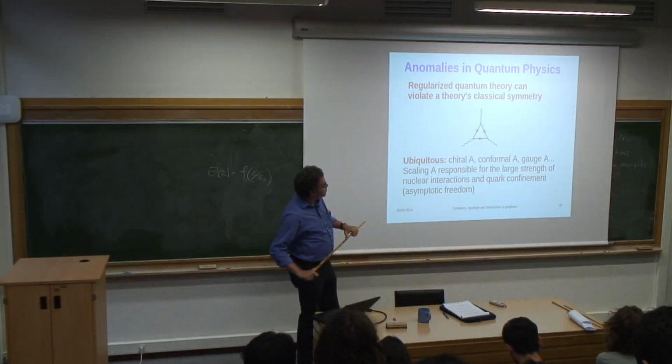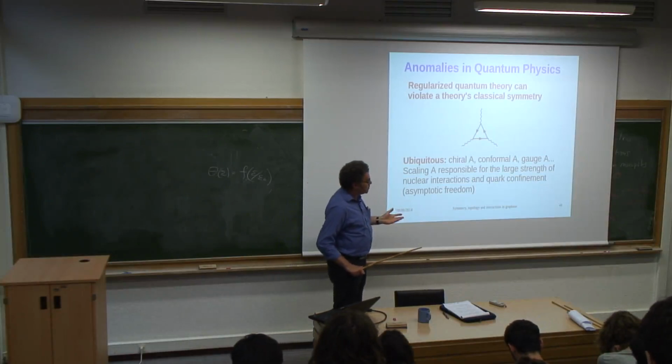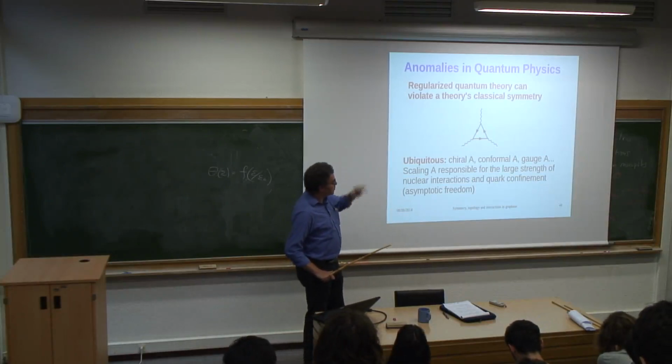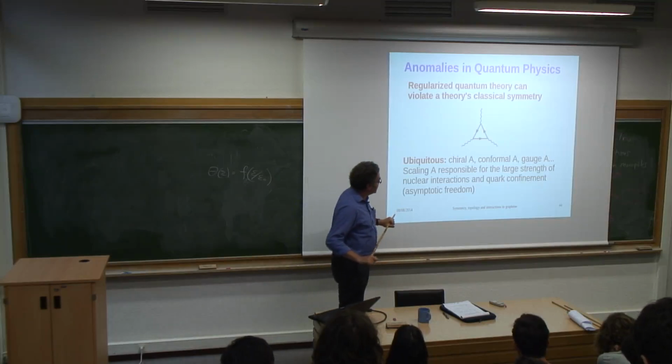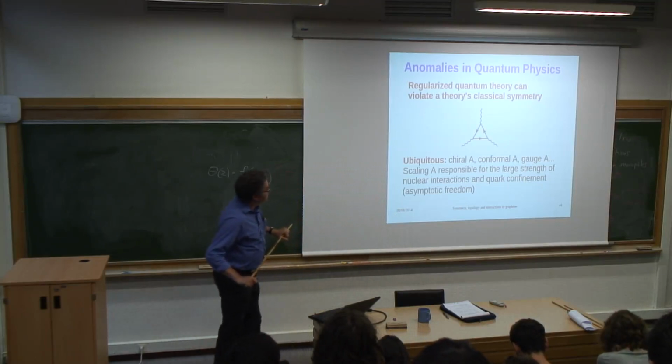When you introduce a regularization, then the theory with anomaly changes behavior not only at the UV energy scale, but over the entire energy range from large to smallest scales.